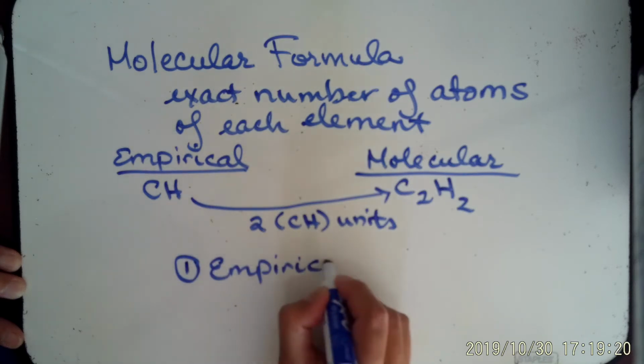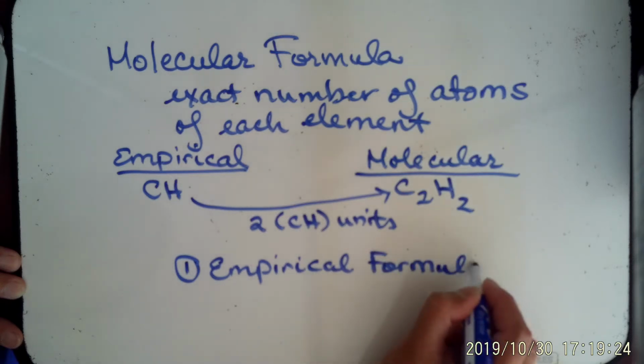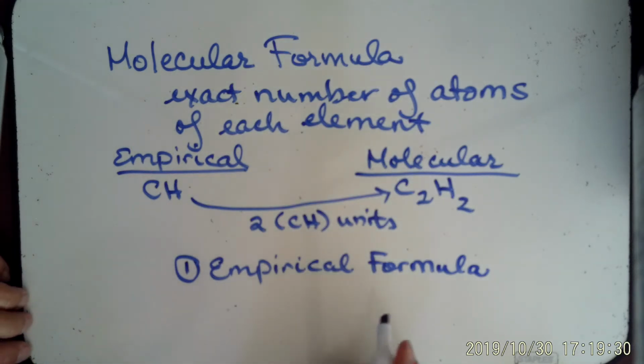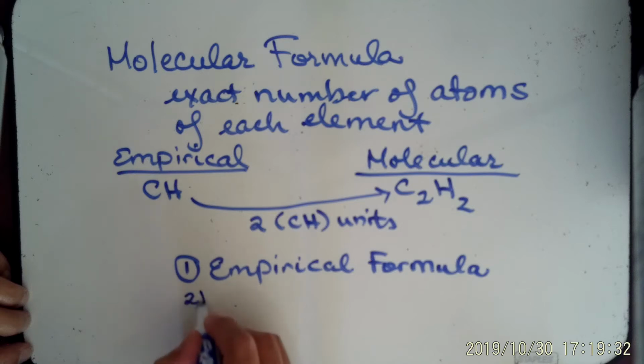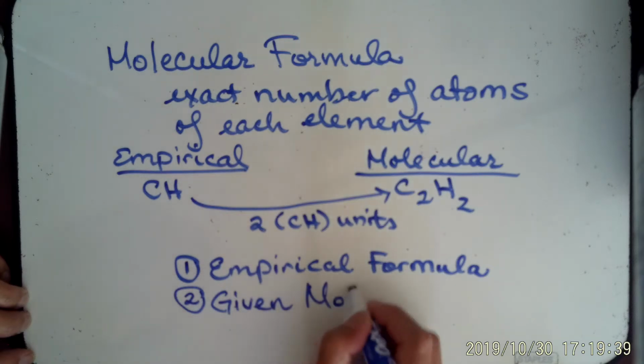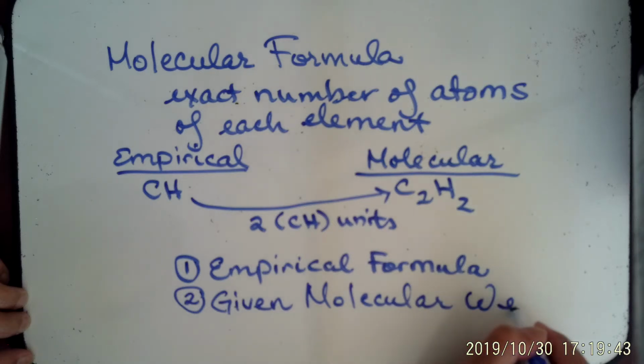Now, if it's not directly given to you, there will be enough information for you to derive it. And we've just gone through a few examples of how to derive the empirical formula. And the second, this needs to be given, is the given molar mass, the molecular weight.